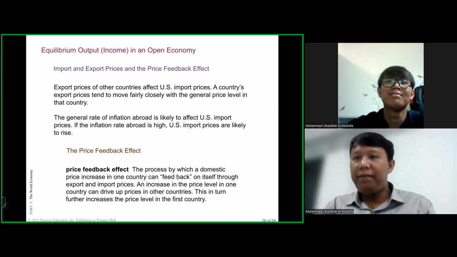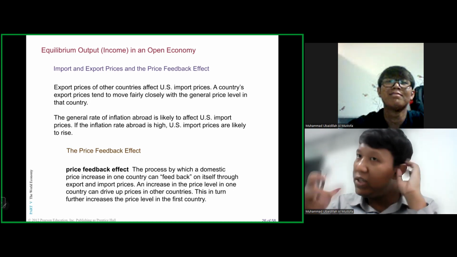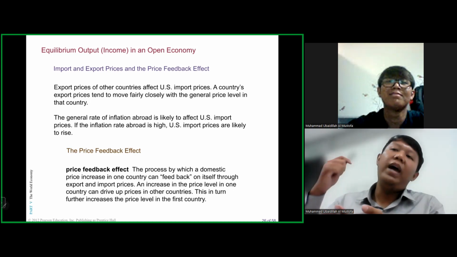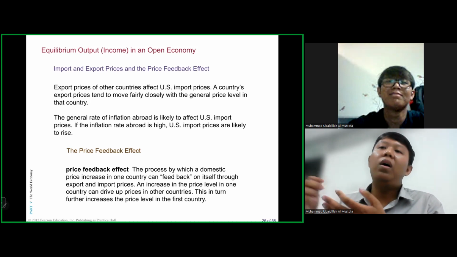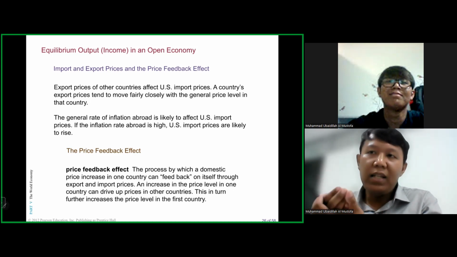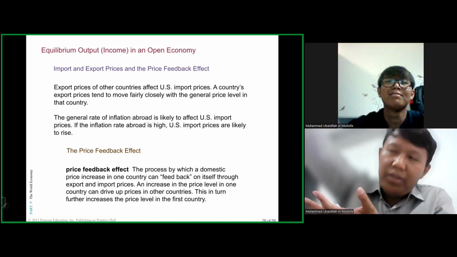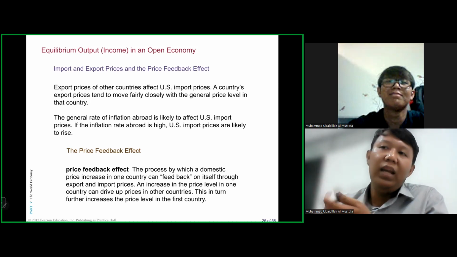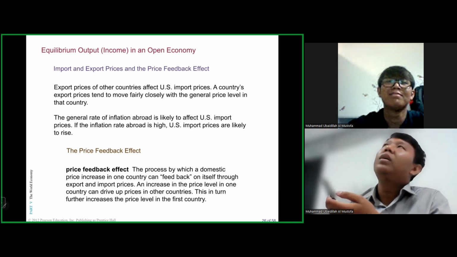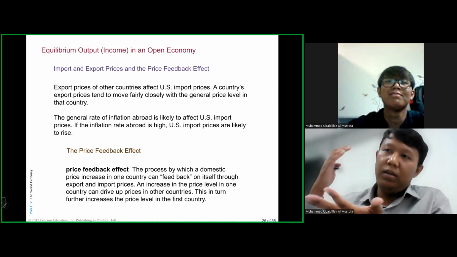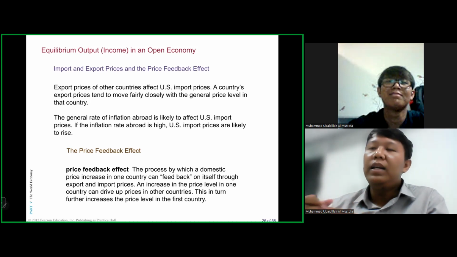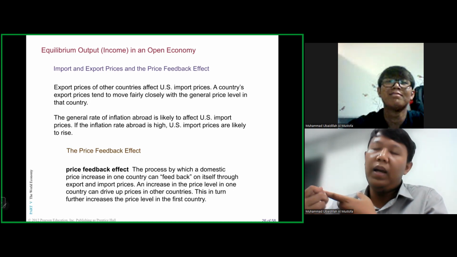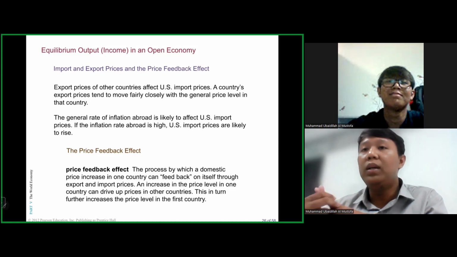So whenever we have inflation, for example, in Indonesia, we have a higher inflation, so that our products are more expensive. This also will push up the prices of the same product in other countries. So for example, we have inflation and we are selling palm oil to Europe at a higher price than usual.